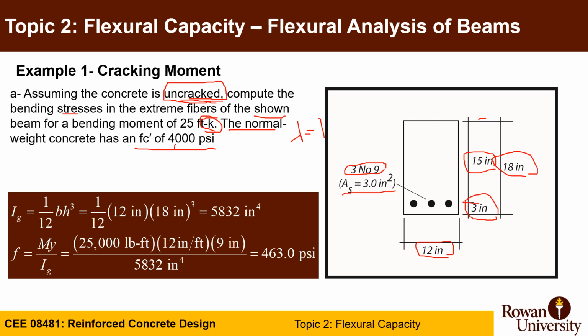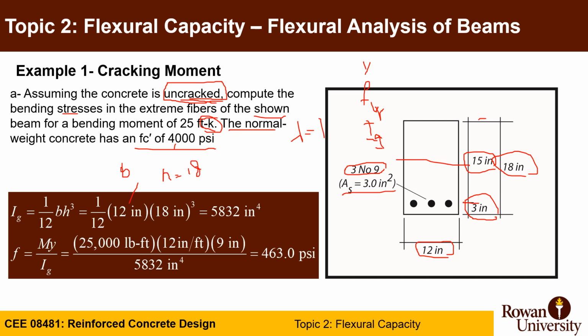So first of all, you need to calculate y, fr, and I gross. In this case, I gross is for a rectangular section. We all know that the inertia of a rectangular section around its neutral axis is bh cubed divided by 12. In this case, b is equal to 12, h is equal to 18.